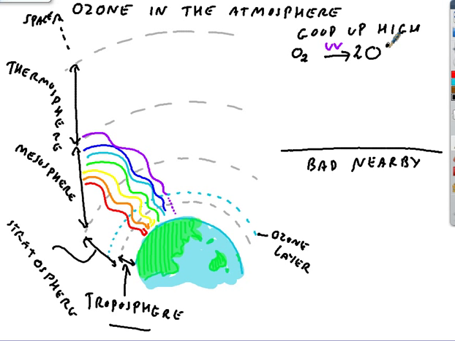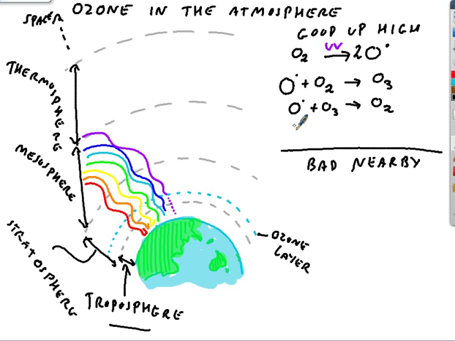Therefore, if you have oxygen free radicals in that layer of the stratosphere, when they meet normal oxygen molecules, they'll react with oxygen molecules to form this chemical called O3. Some of these oxygen free radicals do actually combine with ozone molecules and decompose the ozone back to oxygen again.